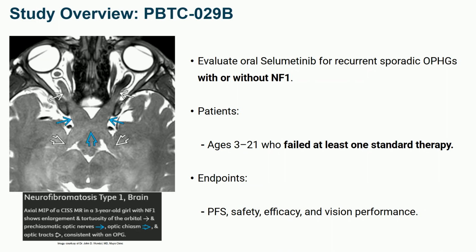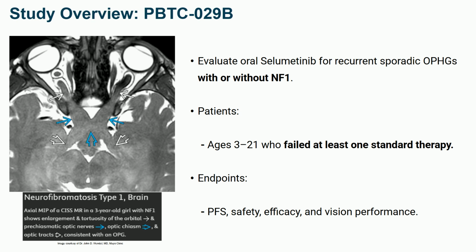So the study that I wanted to mention to you is 029B, and they looked at hypothalamic and optic pathway glioma individuals with or without NF1. And all of us here know what NF1 is, but I wanted to provide some good quality pictures that were provided to me by a friend at Mayo Clinic, a colleague of Dr. Skorin.